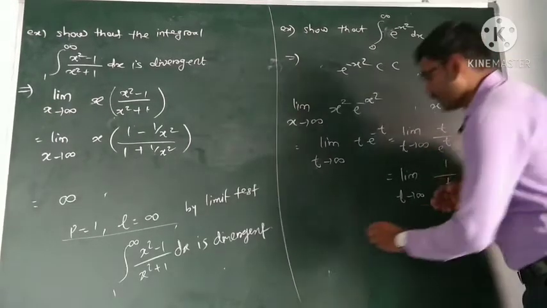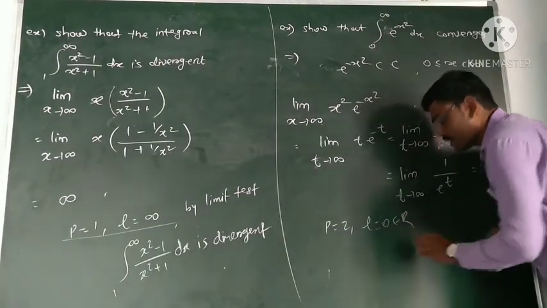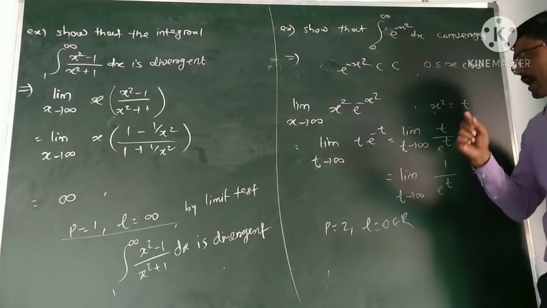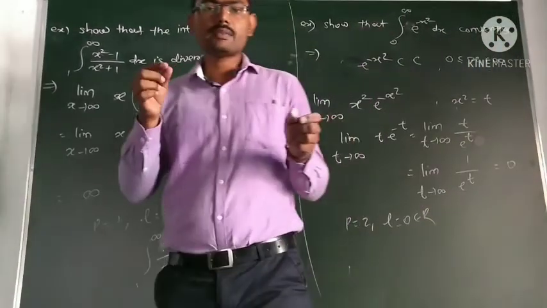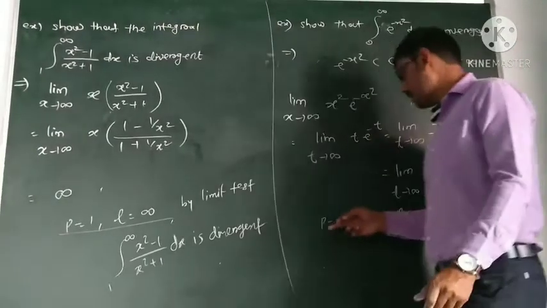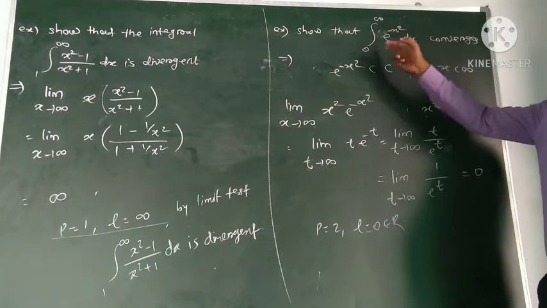Now here p is equal to 2 and the limit is equal to 0, a real number. So by part 1 of the limit test: if the limit is a real number and p is greater than 1, then the integral converges absolutely.